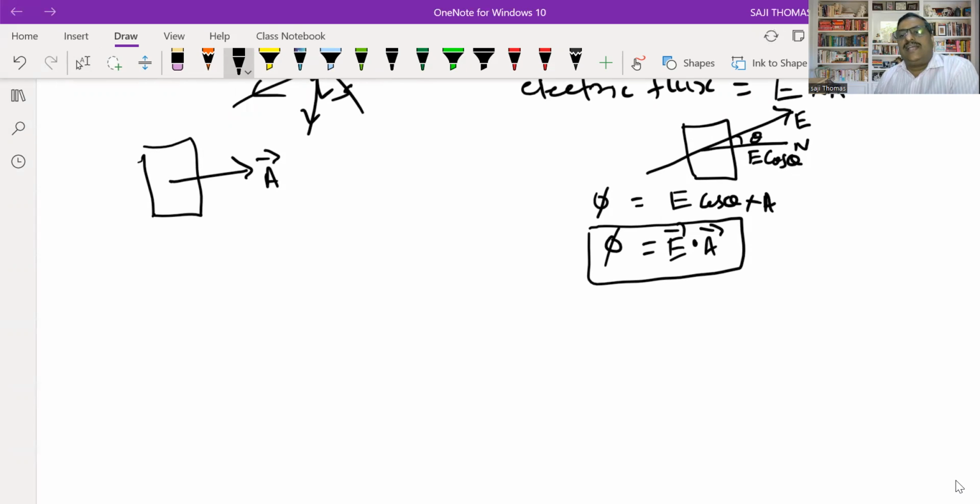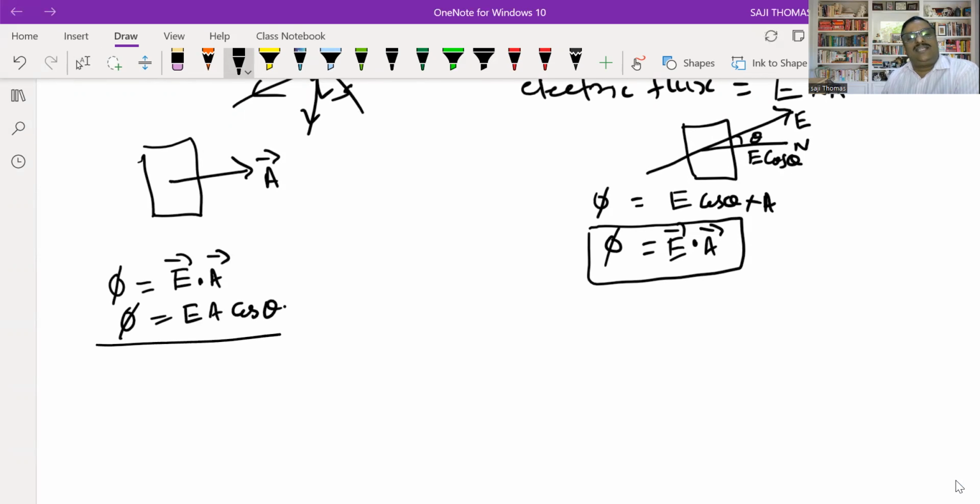So area is a vector. What is the direction of area? Outward normal, positive area. Inward normal, you take negative area. So what is the equation for flux? E dot A. So what is the magnitude of this? EA cos theta.